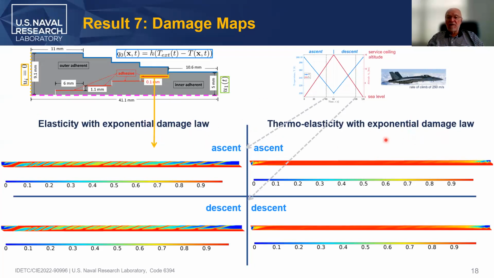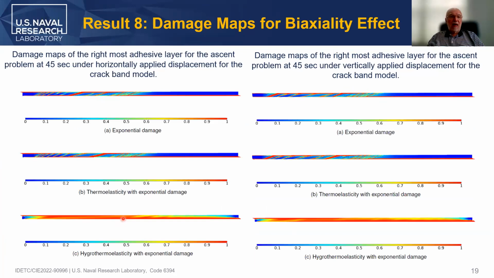On the right, you have thermoelasticity with an exponential damage law for the ascending and descending. And you can see, for the crack model, how the thermoelasticity is becoming much more aggressive than just the elasticity with damage. It gets much more saturated in terms of criticality on the right side than on the left.